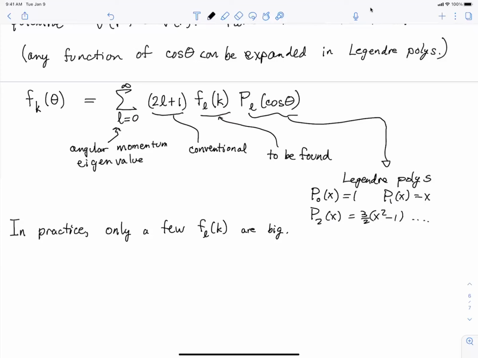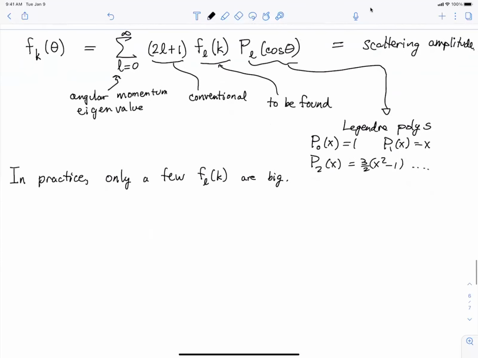Okay, so that's our expansion. This, by the way, reminder, this whole thing is the scattering amplitude. It's the thing we want to find in order to square it to find the cross section. Okay, and so to better understand this expansion, let's consider what it would be for plane waves.